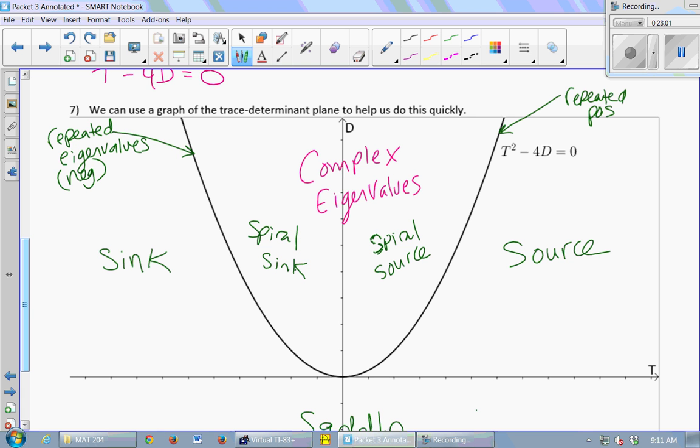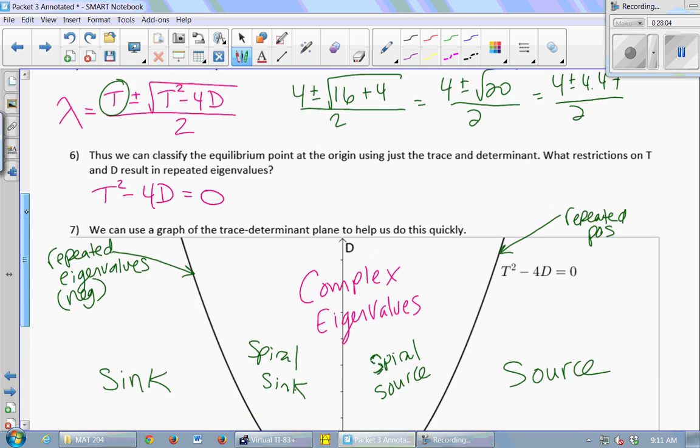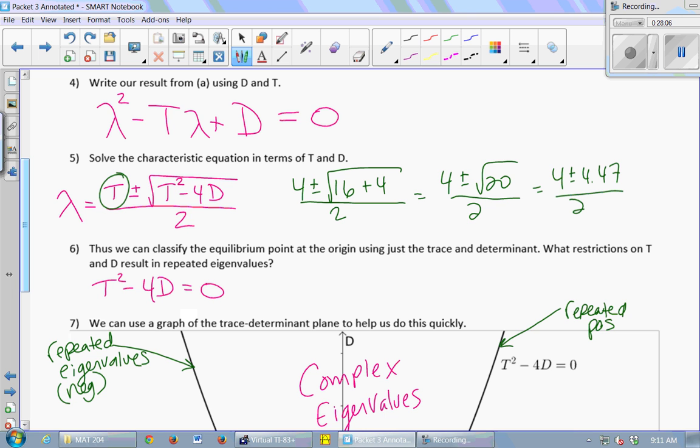If the trace is 0, go back up to the formula for the eigenvalue. If the trace is 0, what kind of eigenvalues do you get? Be more specific than complex. If the trace is 0, that term goes away. It's a center, which means strictly imaginary.